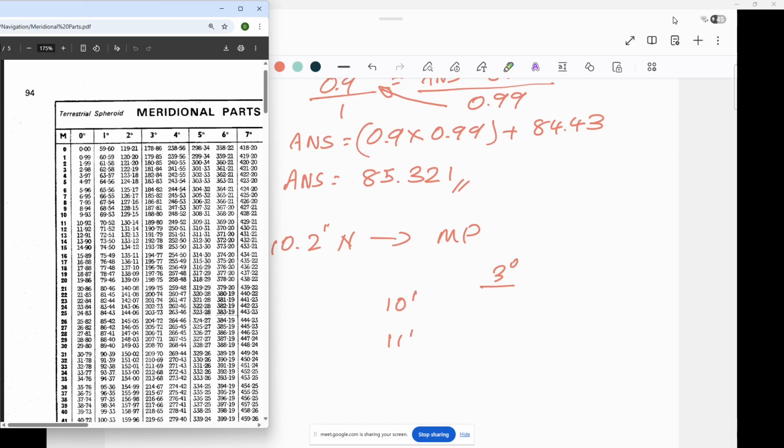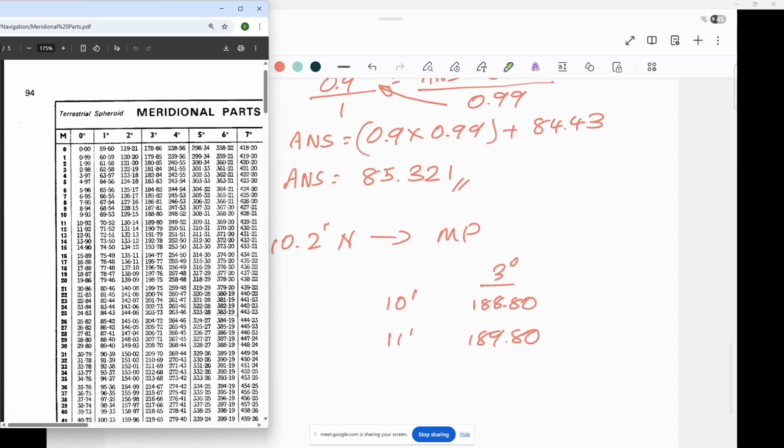And the value for 10 is 188.80, and for 11 is 189.80.